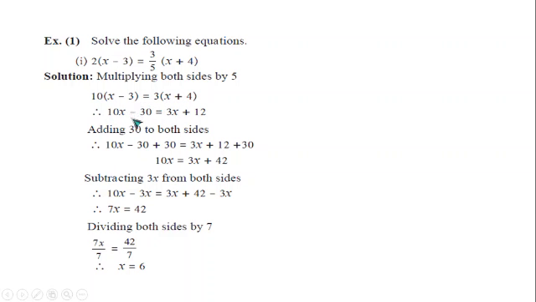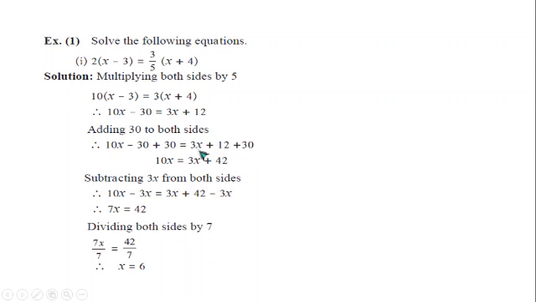Once again, this minus 30 is not required towards the LHS. So I'm going to add 30 to both the sides. When added, the equation becomes 10x minus 30 plus 30 equal to 3x plus 12 plus 30. Minus 30 plus 30 gets cancelled. I have 10x equal to 3x plus 12 plus 30 becomes 42.